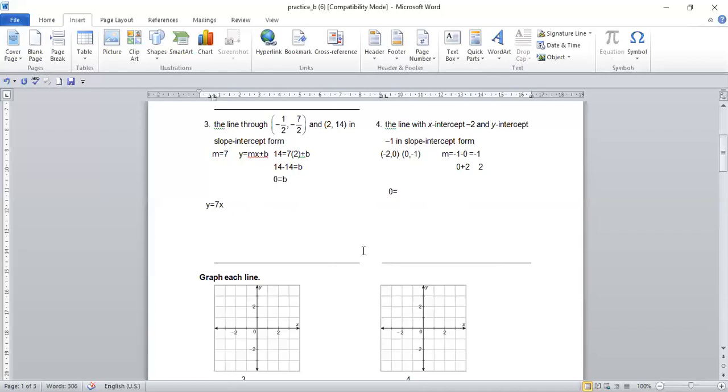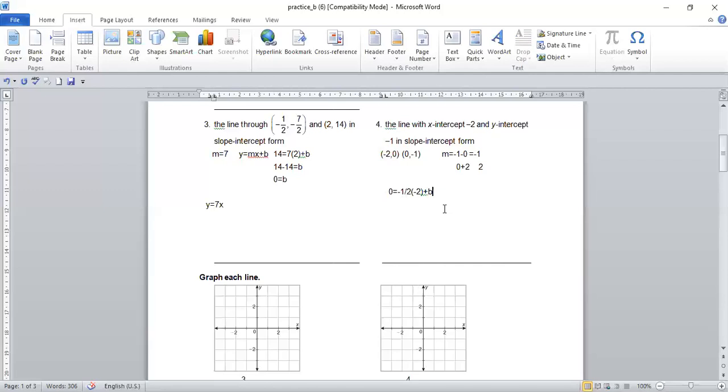Y is equal to m, that's -1 over 2, in parentheses, x is going to be -2, plus b, because we have to find the y-intercept. Now minus and minus will get cancelled, of course, and half multiplied by 2 is going to give you how much?